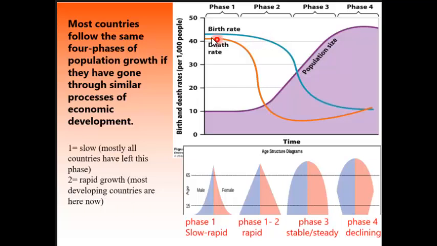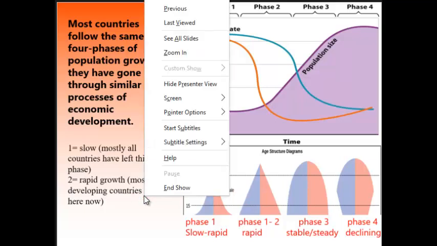Phase 2, our birth rates are high, but they are slowly declining. However, at the same period in time, our death rates are low. So we have a lot of births and fewer people are dying. So now we are going to go into this rapid J exponential growth curve. That is why phase 2 in the demographic transition model is related to the population pyramid.